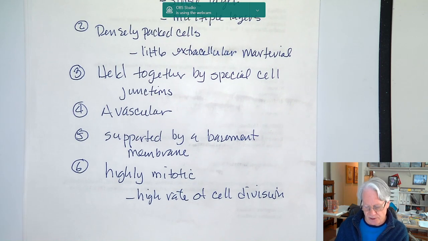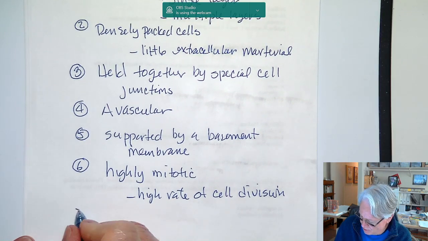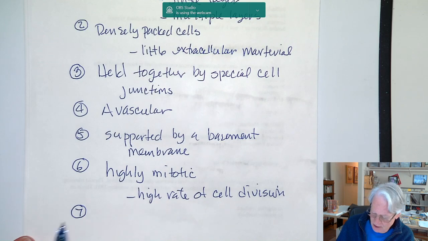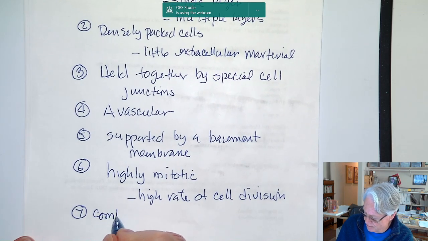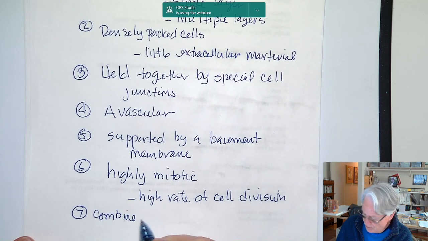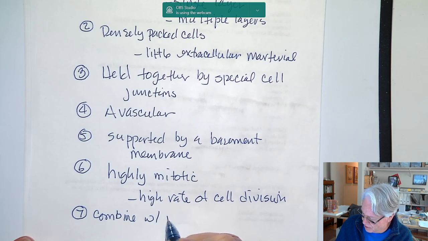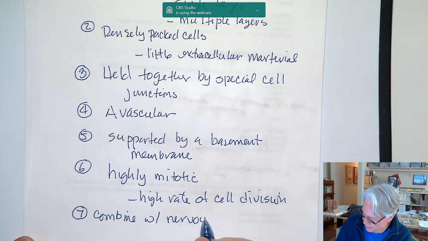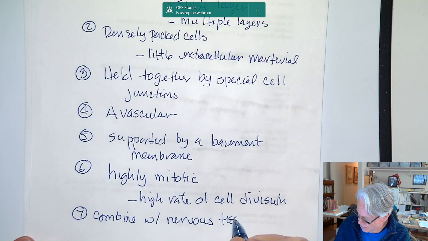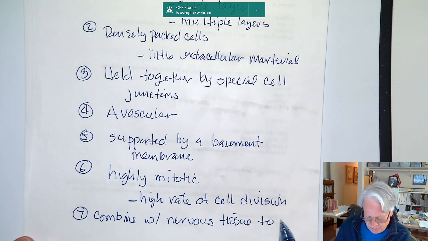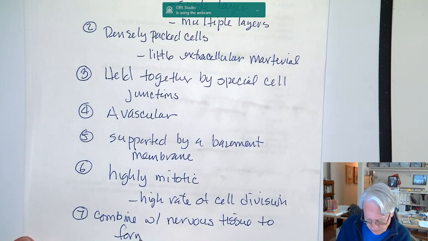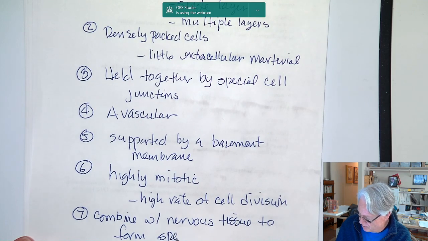Okay, so highly mitotic. Number 7, it's going to combine with nervous tissue to form the special senses.